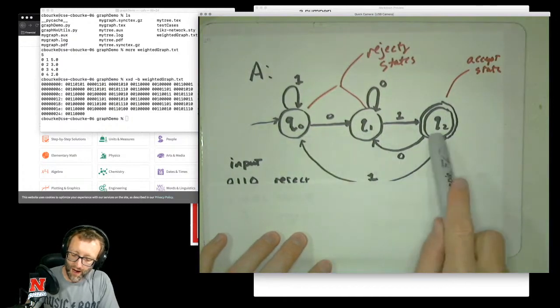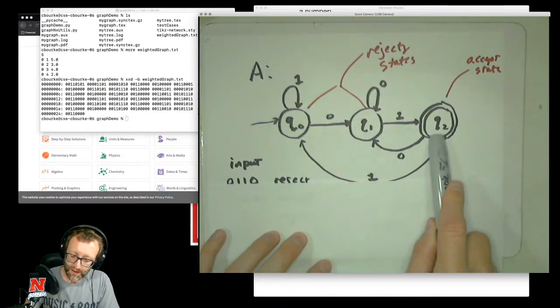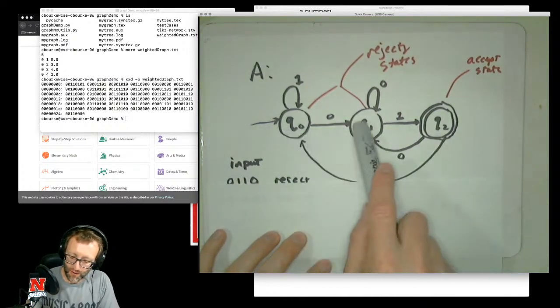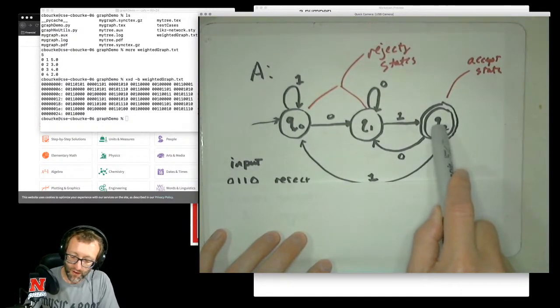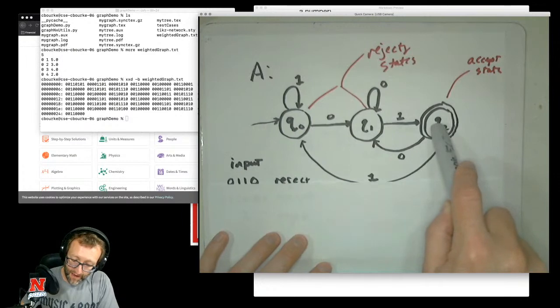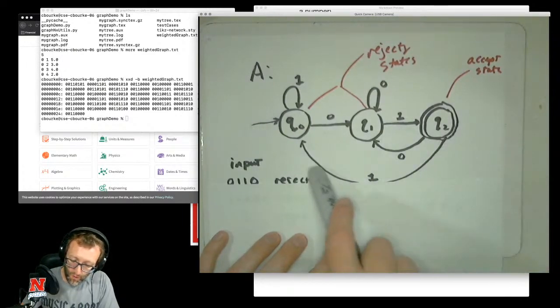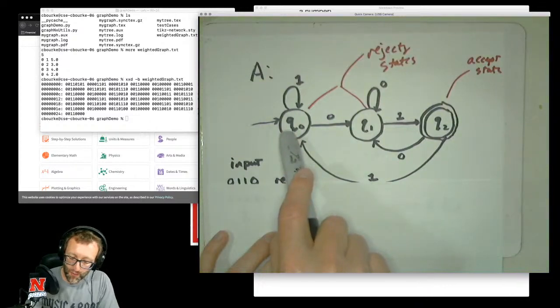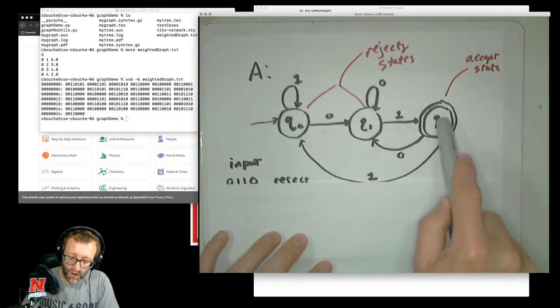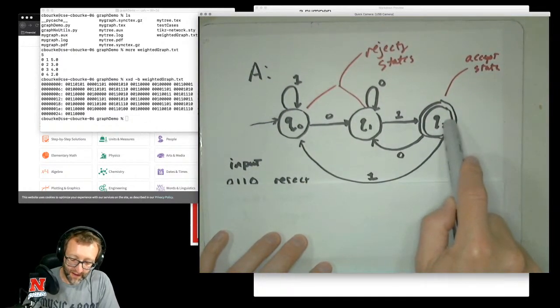We only end up in this final state if we've seen 0, 1, or 0, 0, 0, 0, then a 1. If we ever see, after that, a 0 or a 1, we jump out of this. In fact, if we see a 1, we jump all the way back here and have to see a 0, 1 again in order to get back to that accept state.